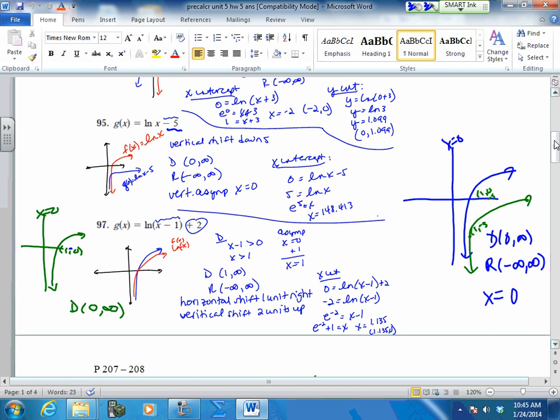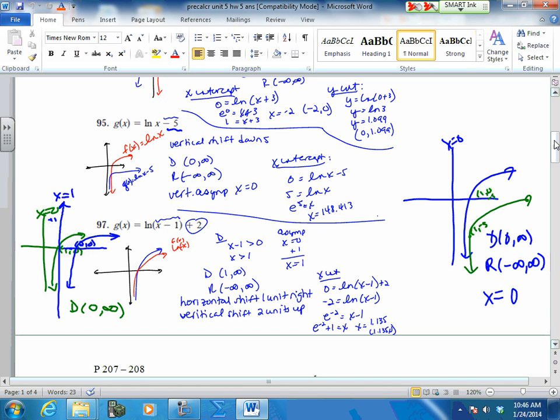I'm going to move this guy here to 2, 0. Sorry, I have to write right over this. So therefore, I'm going to add 1 to this guy. So now my asymptote is at x equals 1 because I moved everything to the right. Did I change my range? No. Next, what am I going to do with this guy?